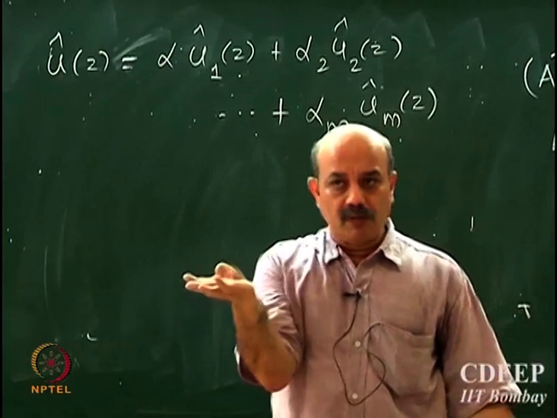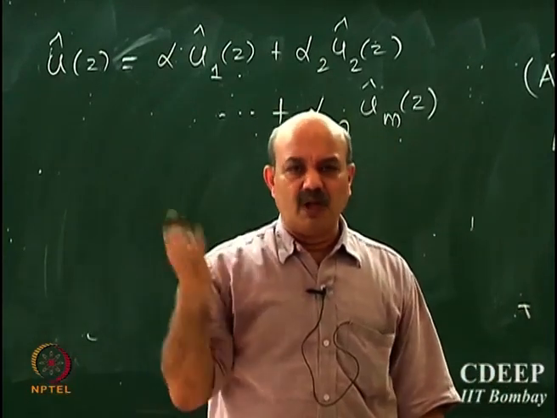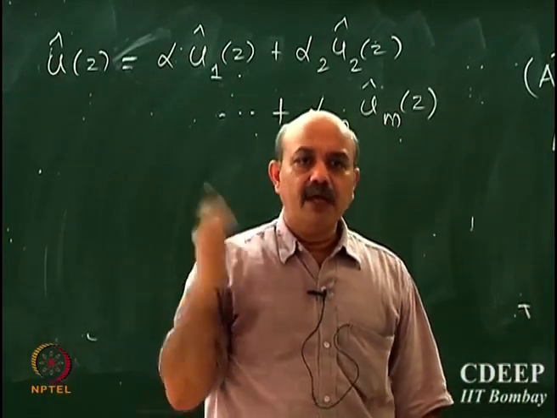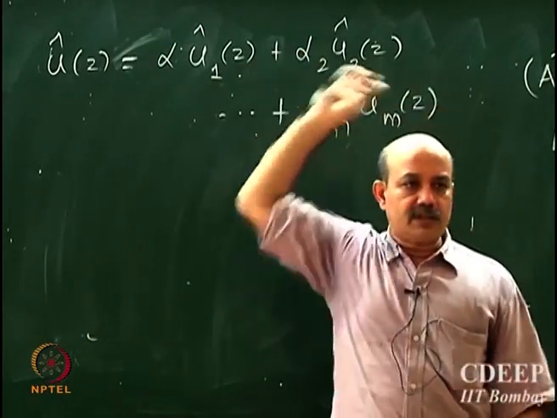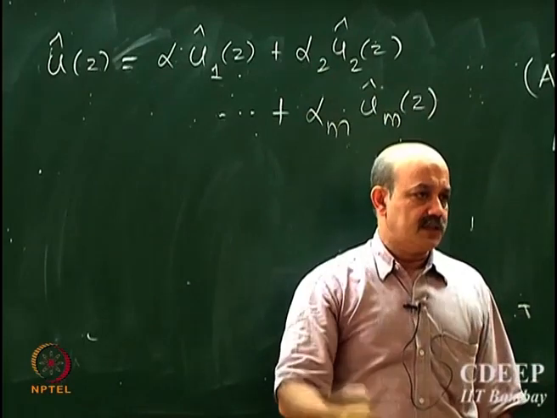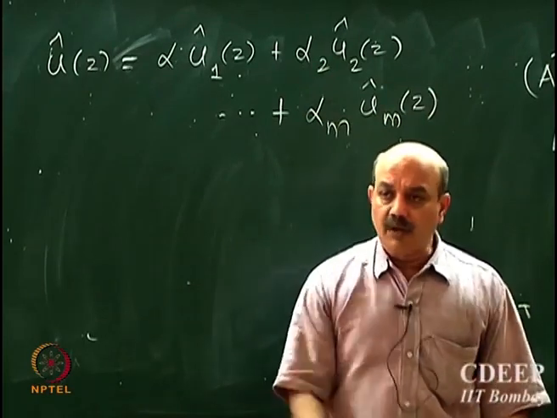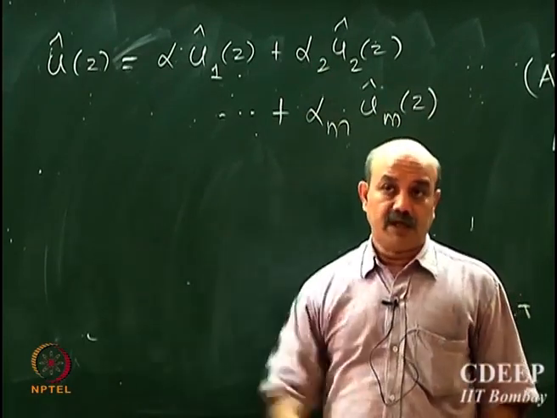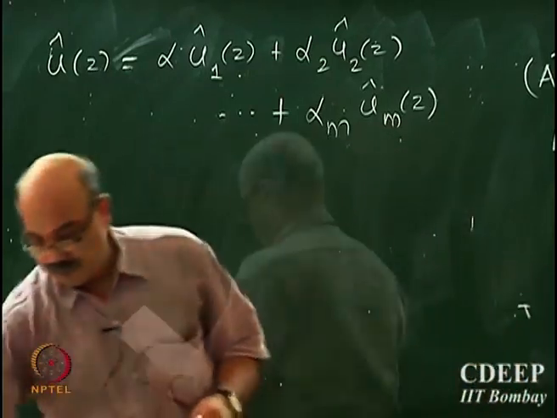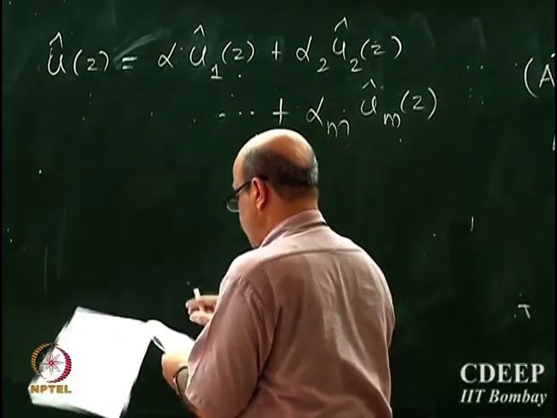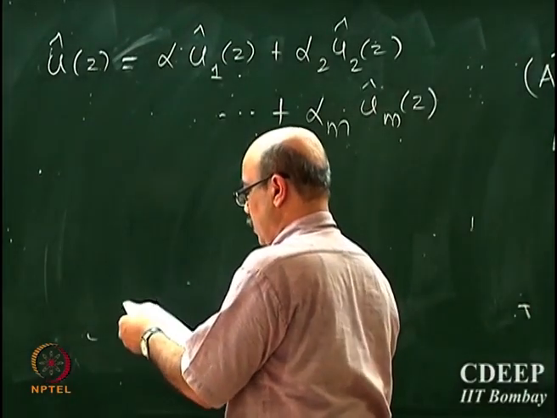These could be simple polynomials if you want it that way, but polynomials are not a good choice. These could be Legendre polynomials, shifted Legendre polynomials. It could be sine and cos. It depends upon how you choose these functions. It's up to you, and you have to choose these functions such that the boundary conditions are met, of course. So I have these functions which I have chosen here.